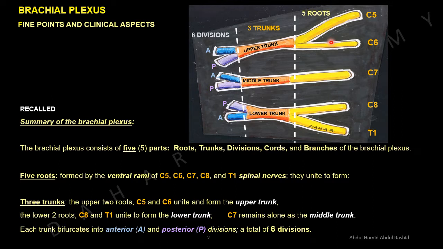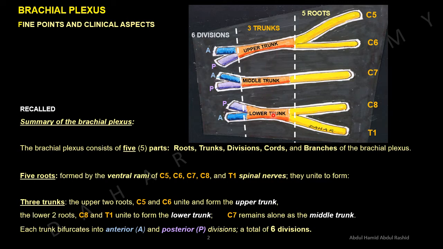They unite to form 3 trunks. The upper 2 roots, that is C5 and C6, unite to form the upper trunk. The lower 2 roots, C8 and T1, unite to form the lower trunk. The middle C7 remains alone as the middle trunk.